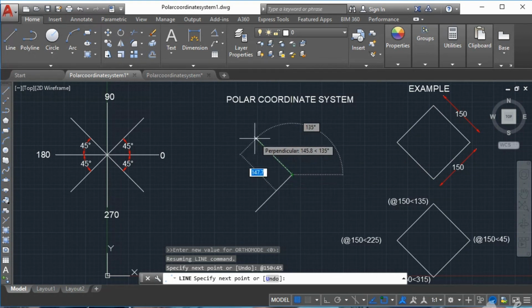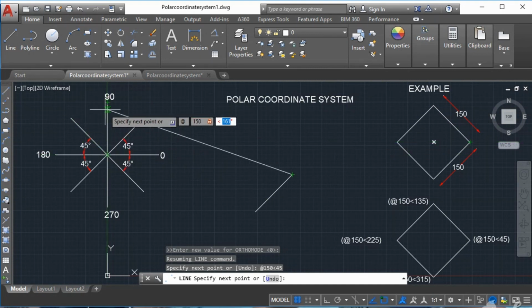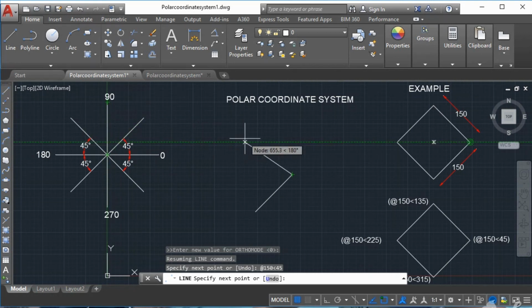As usual, now let us take the next point. I am typing @ and the distance 150 and the angle will be how much? For this line, 90 degrees plus 45 degrees, it is 135. So I am typing 135. Press enter. See, we got this point also.